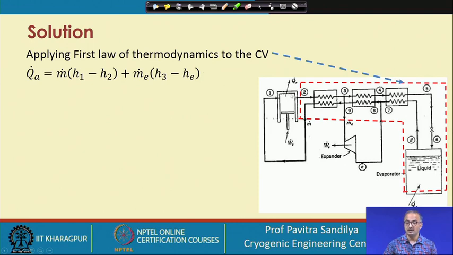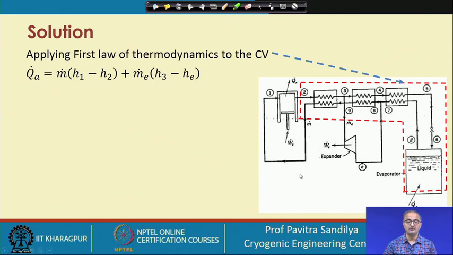This is the energy balance over this particular control volume. Please understand that whenever you are making an energy balance, always remember to make the control volume. Without a control volume, it does not make any sense to draw any kind of balance, mass balance, energy balance, etc. So first make out the control volume, only then you make these kinds of balances.